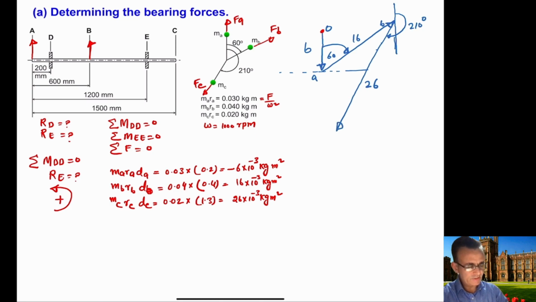And the direction is obviously in this direction here. So you have these three vectors, and now you need to draw the final vector. This is the closing vector.